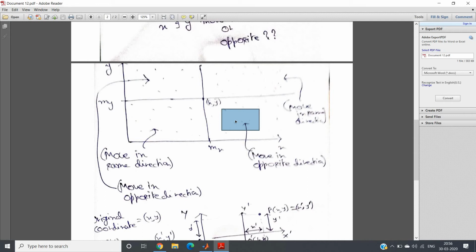Why? Because if a point is placed in the first quadrant, both x and y coordinates will be positive. And if a point is placed in the third quadrant, both x and y coordinates are negative. That means the multiplication of x and y will give us a positive value. Similarly, in the reverse way we can say any point is placed in the second quadrant or fourth quadrant.